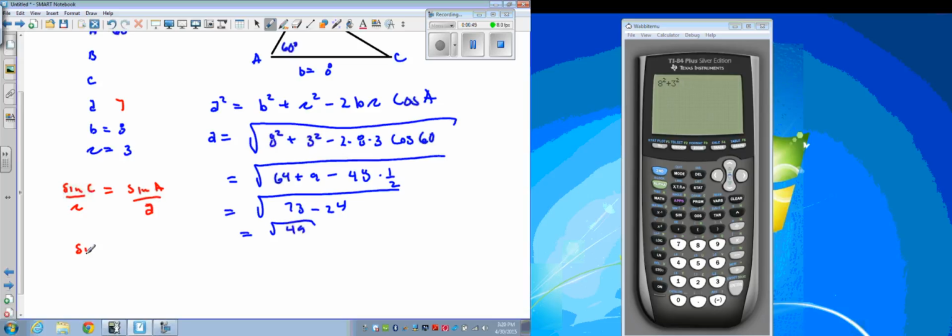So sine of C equals sine of 60, and then C is 3. So C is going to be sine inverse of sine of 60, you said was 1/2, and then all over 7 times 3.